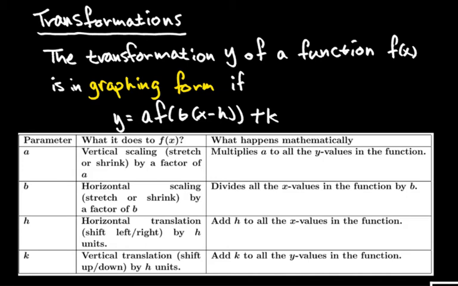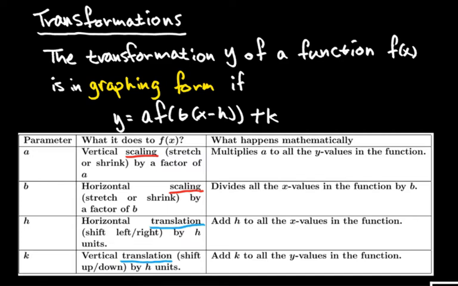So what in the world does that mean? Well, there are a few things that happen here. We have some things called parameters. That's what the a, b, h, and k are. And they do different things to the function. Depending on where they are, they do what's called scaling or translation. Not necessarily where they are, but more like what operation is happening.